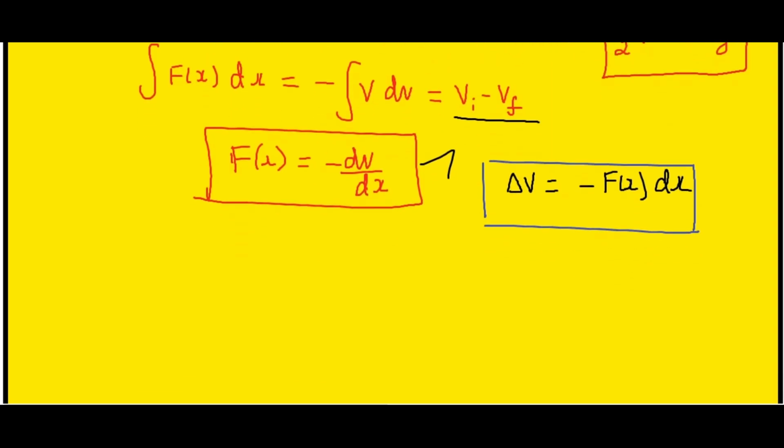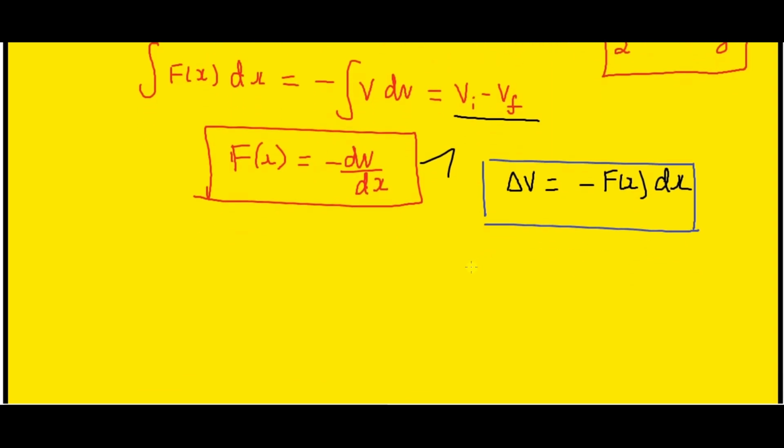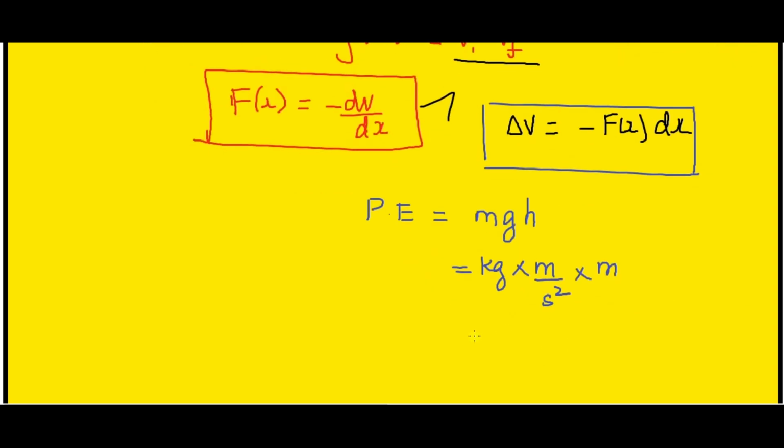So the dimensional formula, if you are trying to write for the potential energy, that is going to be given by, what is the formula? mgh. So for m you will be writing kilogram, for g it will be meter per second square, and for h it's going to be meter. So the dimensional formula is going to be given by, for kg it is M power 1, for meter squared L power 2, for second T power minus 2.